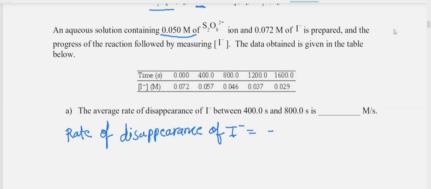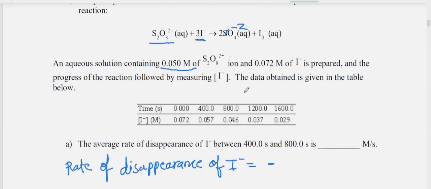I minus is a reactant, so there's a minus sign, and its coefficient is 3, right? I minus has coefficient 3 here. In the reaction, you can see it has coefficient 3.